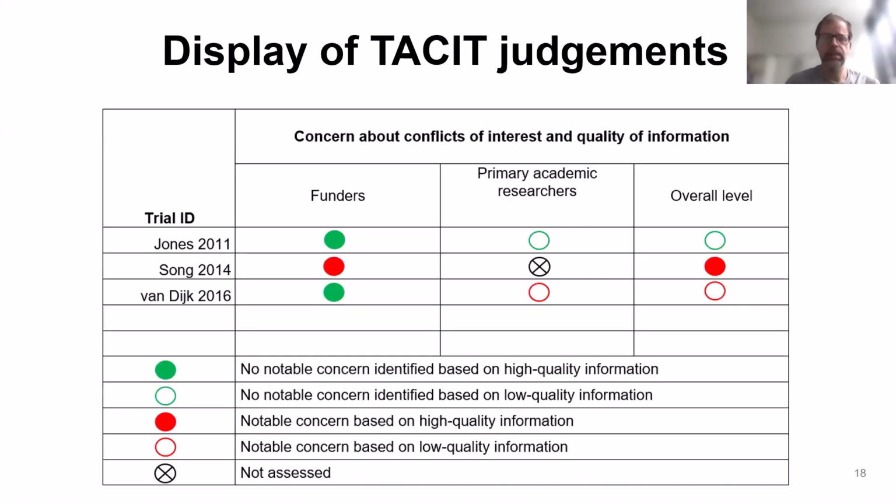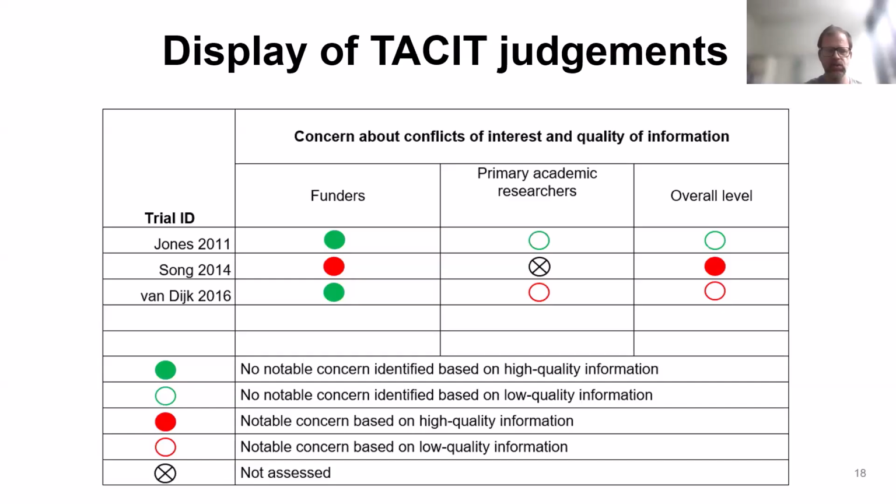In line with other appraisal tools such as ROB2, you might be familiar with this kind of traffic light system. So you can display your assessments of the individual trials here using colors. And in TACIT, for the funders, the primary academic researchers, and the overall level, our scheme includes both information on the quality of information and on the concern.